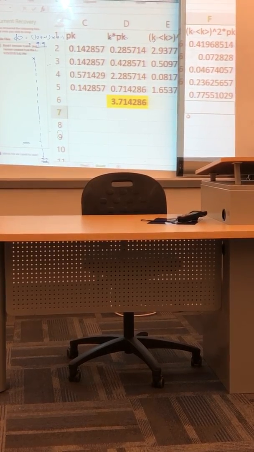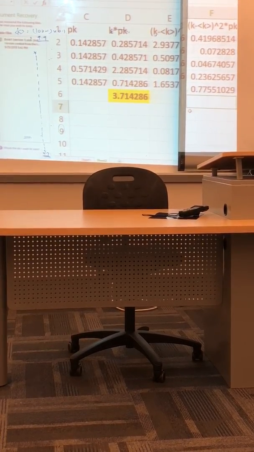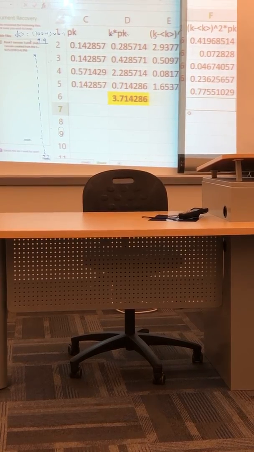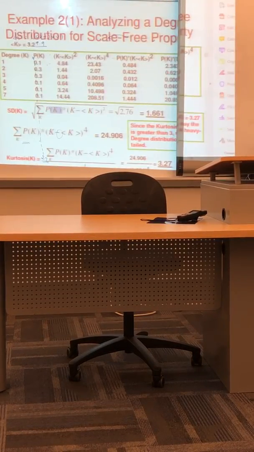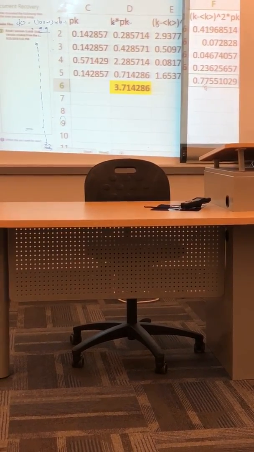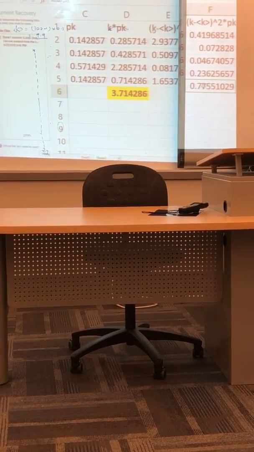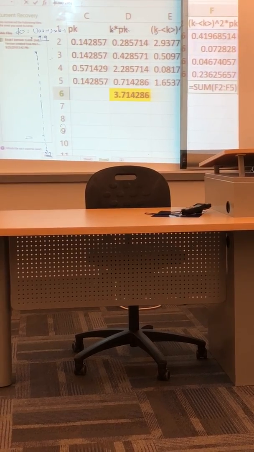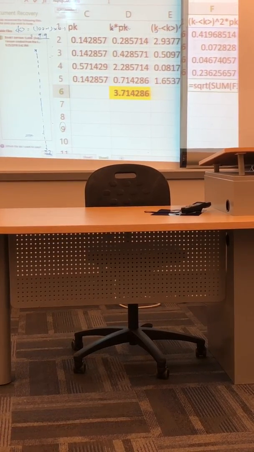That's going to be the standard deviation, the square root of that. If I just leave it like that, it's called variance, which is another name. If you take the square root of this, it's called the standard deviation.